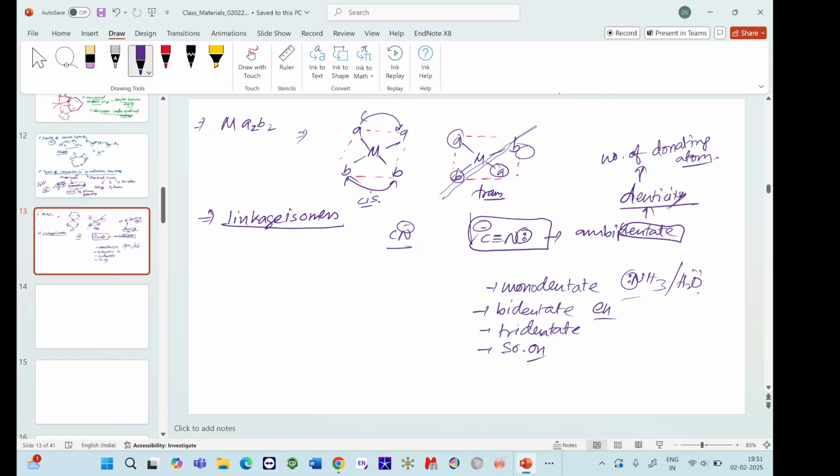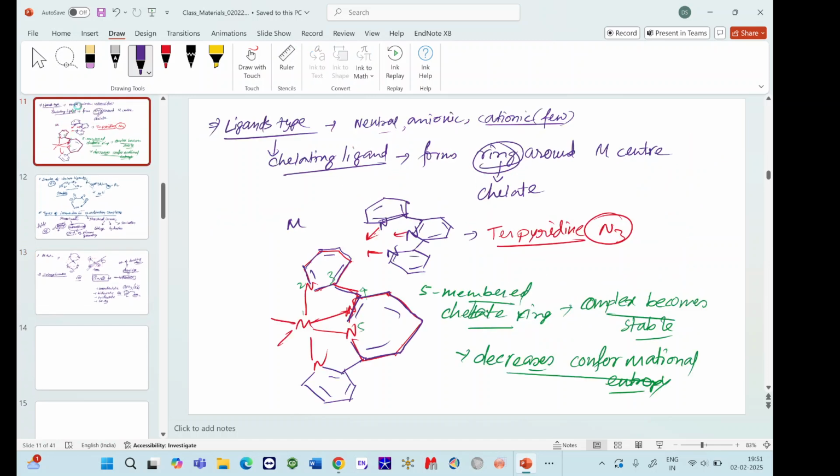Like ethylene diamine, you have NH2, then carbon, carbon, then NH2. You have two atoms within one ligand system that can donate to the metal center. This is called bidentate. Tridentate I just showed you. This is called a tridentate ligand. It has three nitrogen atoms in the same ligand that can bind to the metal center simultaneously.